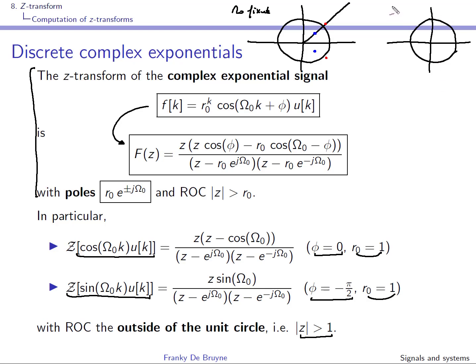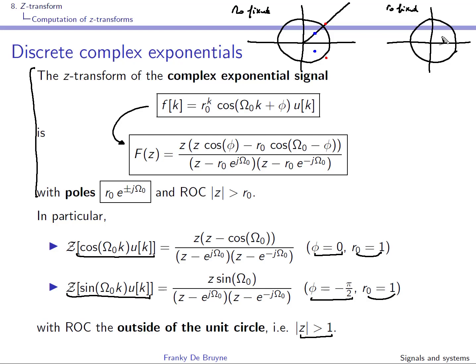And in this case we'll assume that R0 is fixed, and we'll take it smaller than 1. So let's for instance take 0.5.